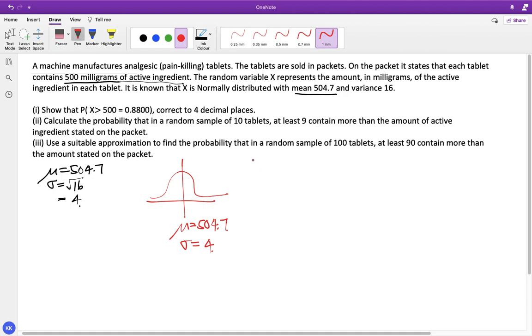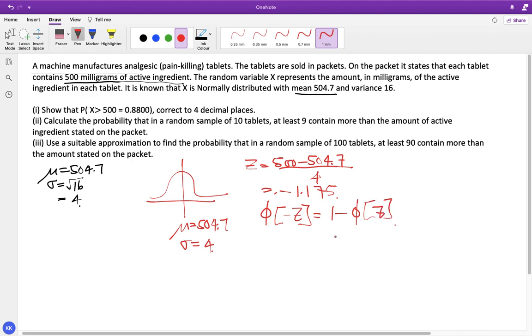First of all, find the z-score. z equals 500 minus 504.7 over 4. Using the calculator, I'm getting negative 1.175. To find phi of a negative z score, it is 1 minus phi of z, because I'm using MF19. So 1 minus phi of 1.175 will be the answer.